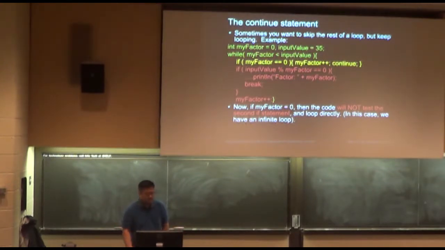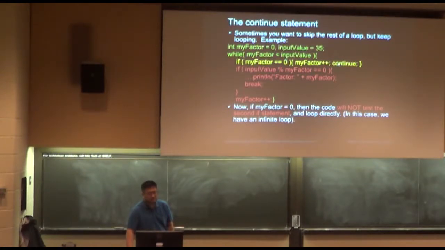So this is a copy of my prime factorization code where, again, I'm going to have my factor and I'm going to increase my factor as I go from 0 to the input value. And basically I'm going to see if it's a multiple of the input value. The only difference is that I've added this if line, which covers the case if my factor is equal to 0.